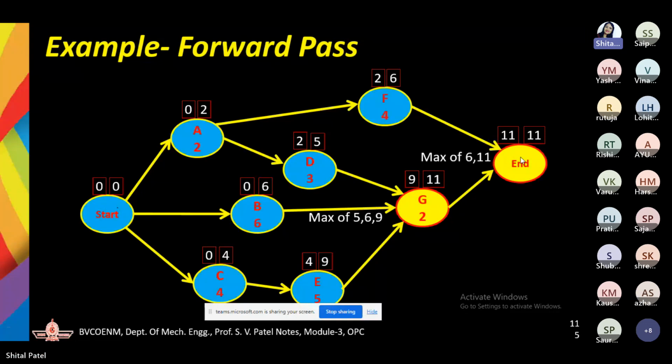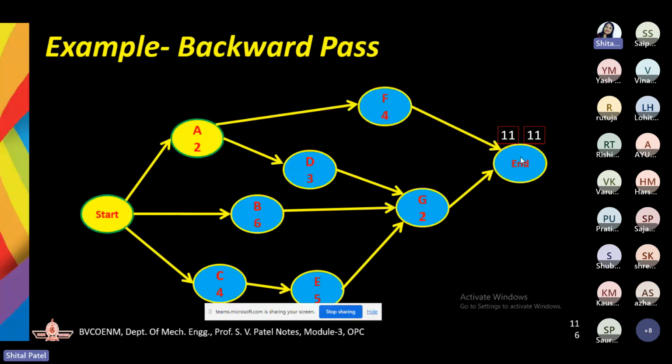So let's move ahead. Now let's go with the backward pass. Here we have to consider this 11 as the same. In the forward pass we received the earliest start and earliest finish, but in the backward pass we will be getting the latest start and latest finish time.